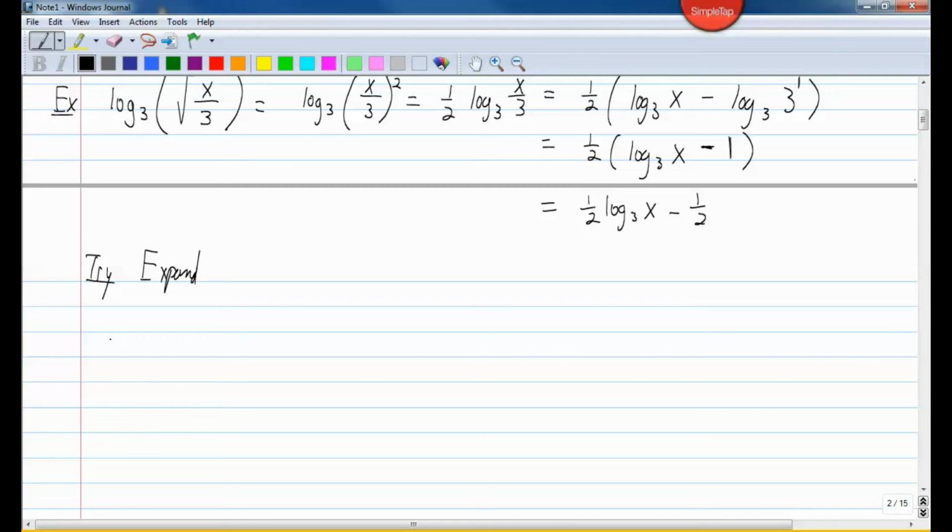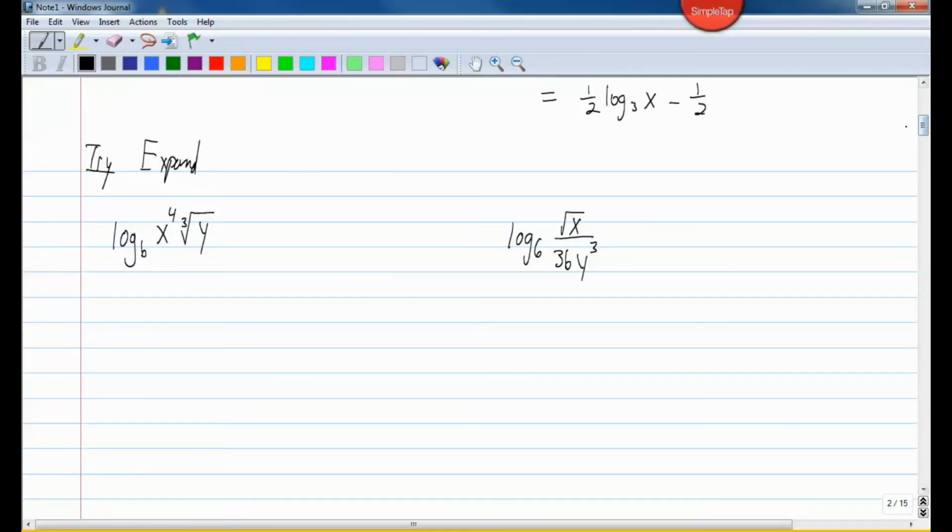Expand log base b of x to the 4th times the cube root of y, and log base 6 of the square root of x over 36y cubed. Take a minute and expand those two logarithms completely.